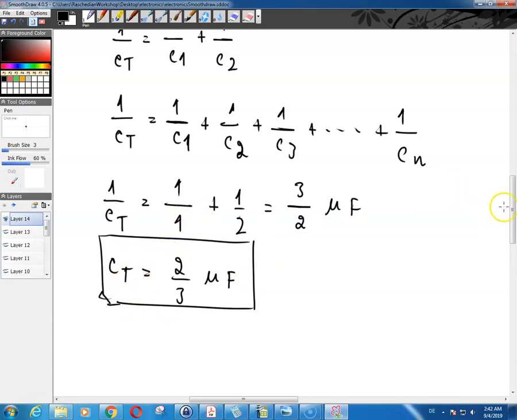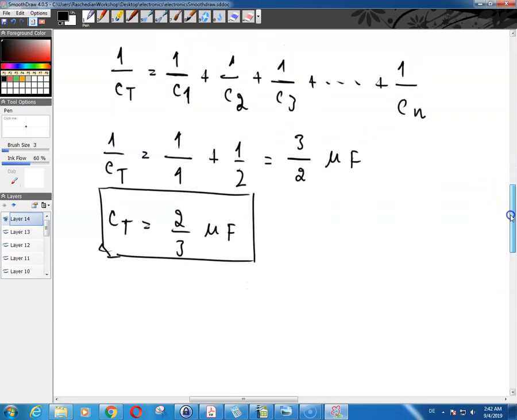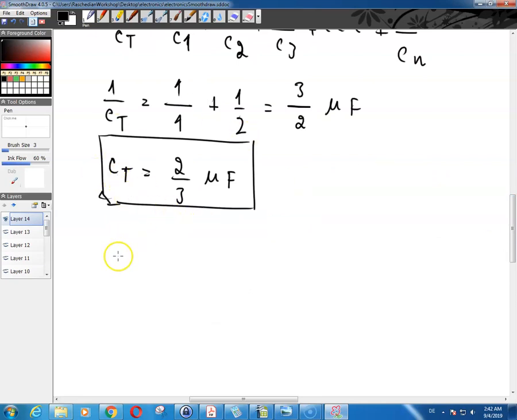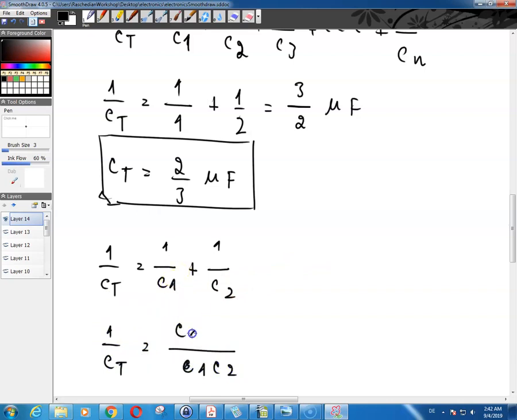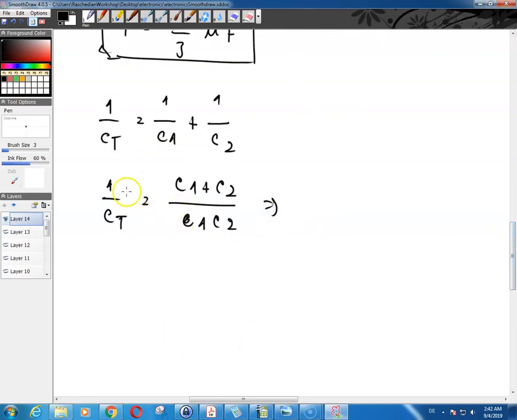And for two capacitors, you can of course derive a simpler formula. For example, if 1 over C of t is equal to 1 over C1 plus 1 over C2, then you can say that 1 over C of t is equal to C1 plus C2 over C1 times C2, and then C of t is equal to C1 C2 over C1 plus C2.